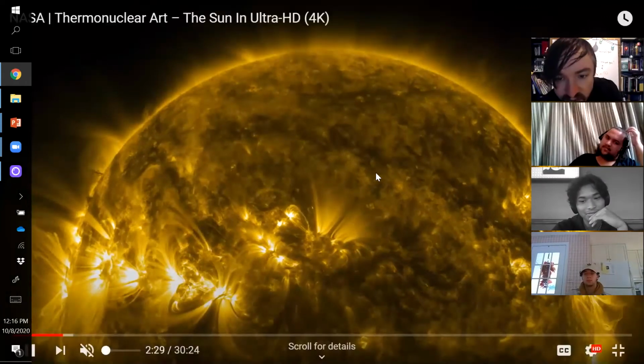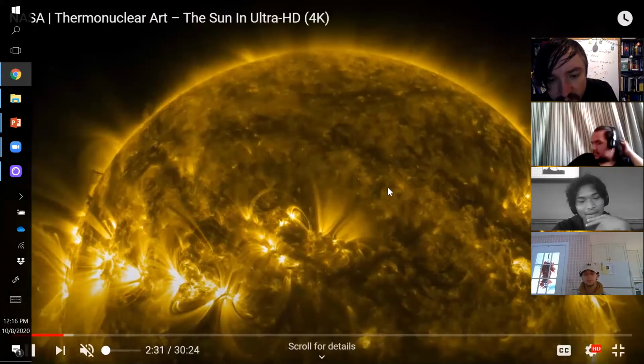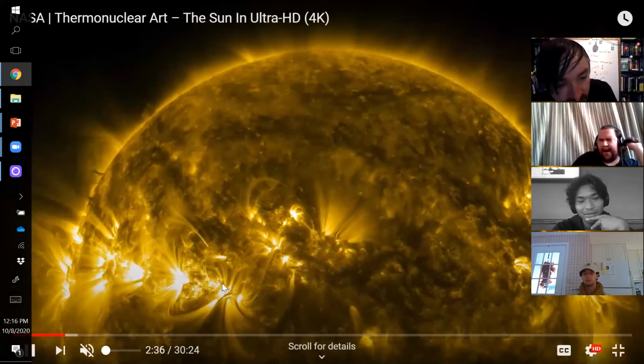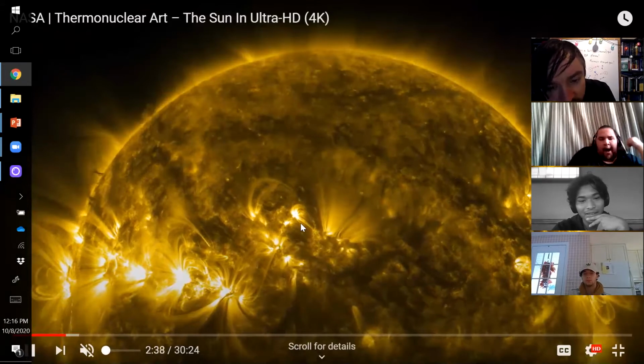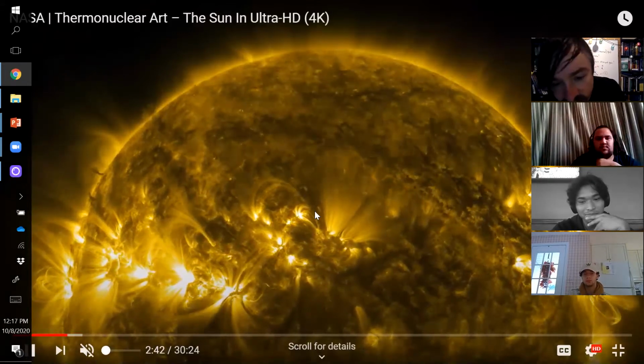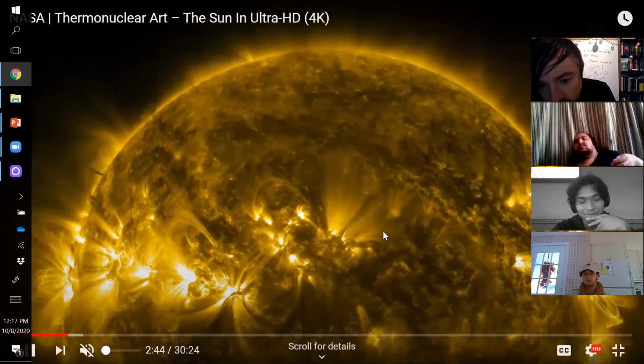But you can see the surface of the sun has a mixture of gas and plasma that's interacting in complicated ways. And if you see all those crazy lines poking out of the sun, those are all magnetic field lines which are being generated by the motion of plasma particles.